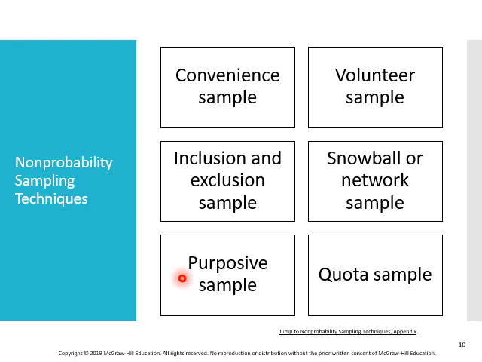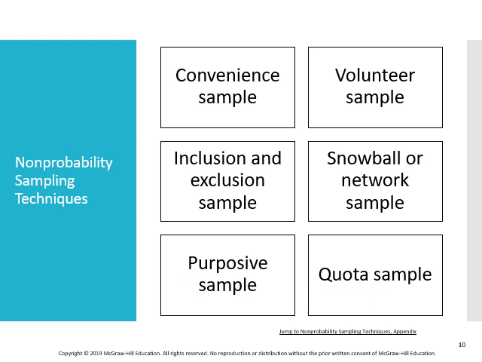Someone else who served in the military but fought in other wars, or was not there during the Vietnam War, then no, that would not work because the purpose of the research was to study Vietnam vets, and so I will pursue a purposeful sample that is specifically targeted to the characteristic that I'm looking for.